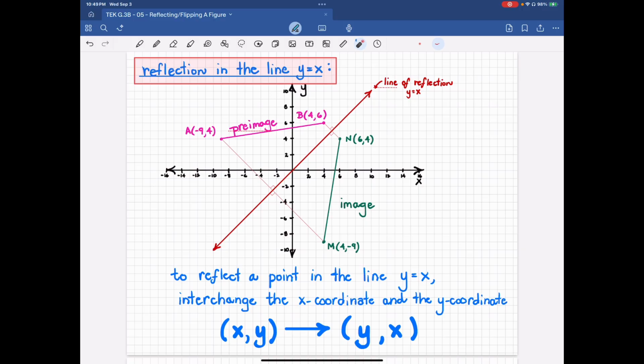We have to draw a perpendicular line from the vertex down to the line of reflection, or the line of symmetry, right here. We're going to measure this, and then we're going to draw another perpendicular line directly on the opposite side, the exact same distance, and that's going to give us the reflected point on the other side.